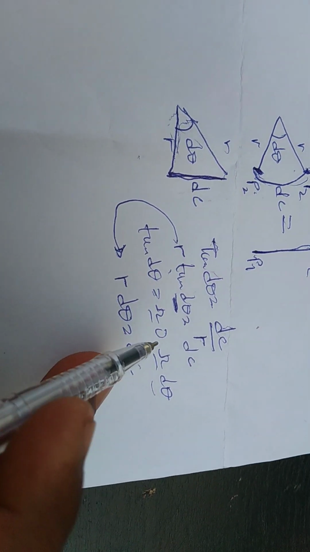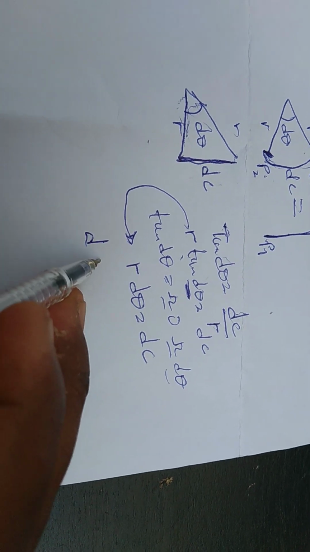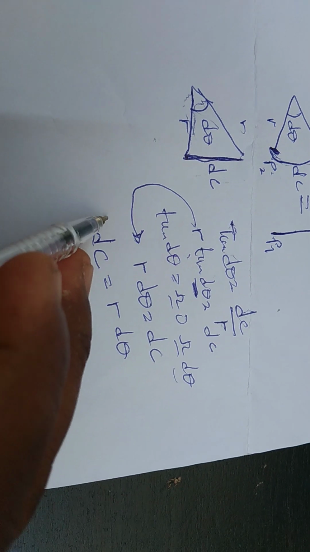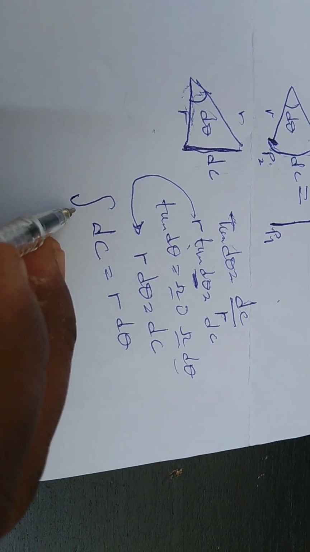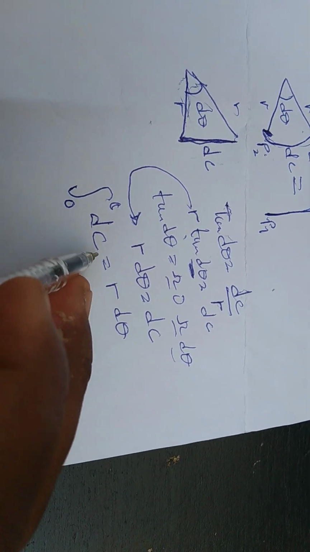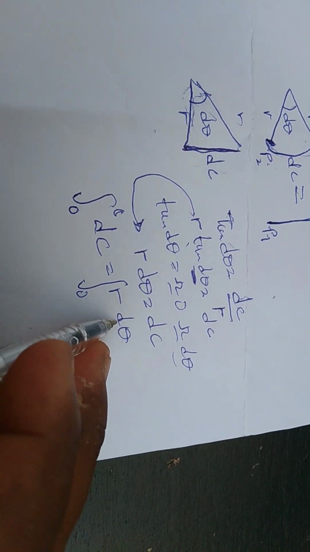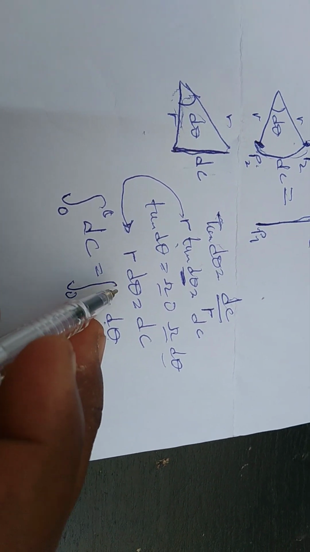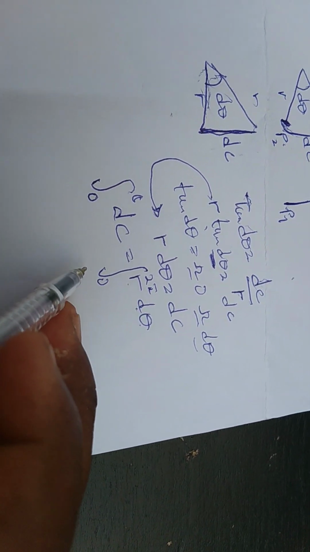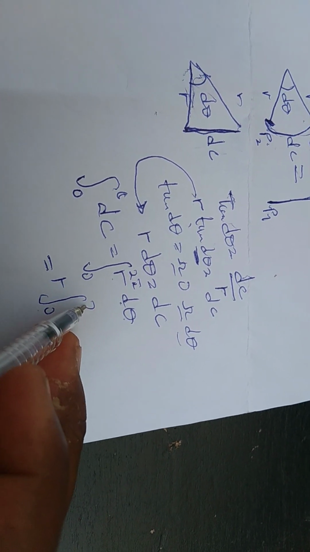Now, to get the full length of the circumference, let me write this expression as dC is equal to r d theta. To get the full length of the circumference, from 0 to the full circumference, you integrate this infinitesimal quantity. So we integrate this side too, from 0 when the angle is 0 to 2 pi, the total angle in radian of a circle. This radius is a constant, so I can bring it outside my integration, so I have the integral of d theta from 0 to 2 pi.